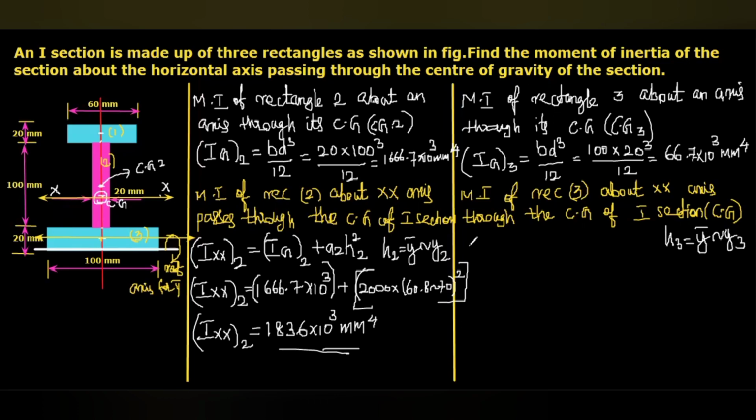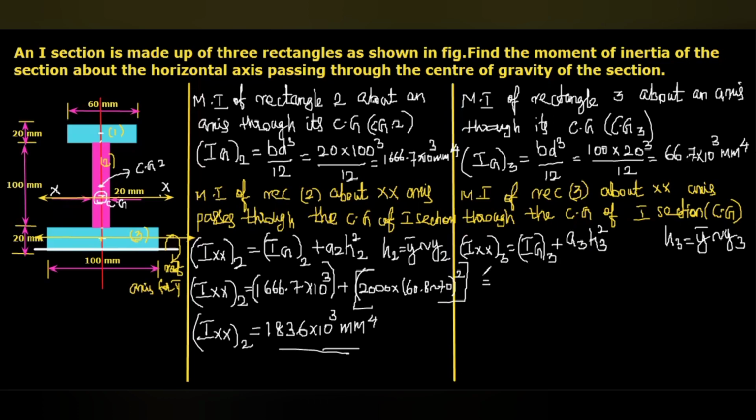So now Ixx3 equals Ig3 plus A3 H3 square. Now substitute all the values.